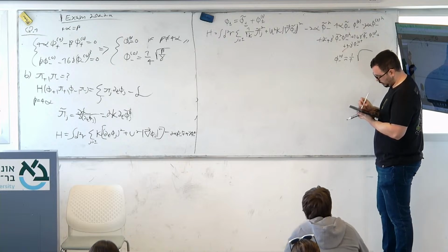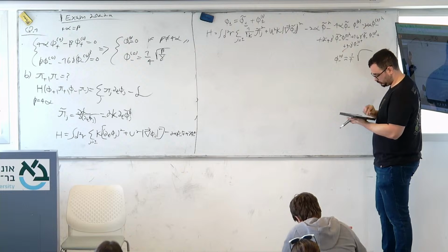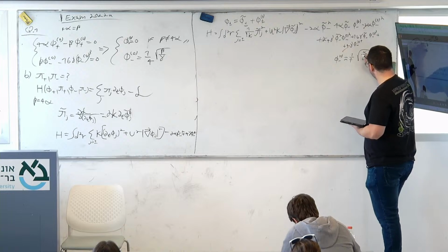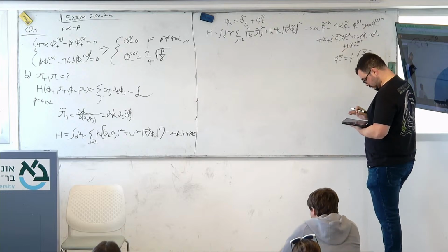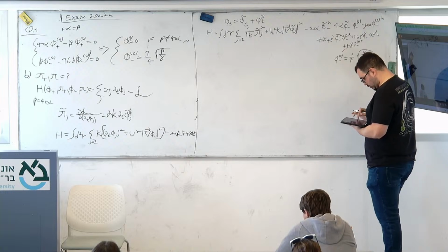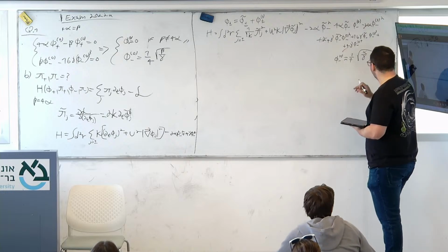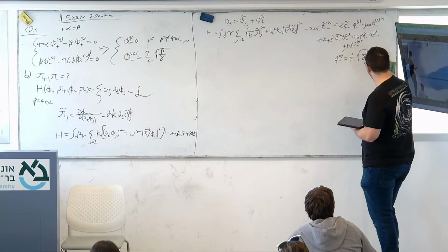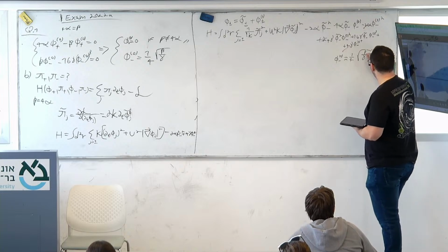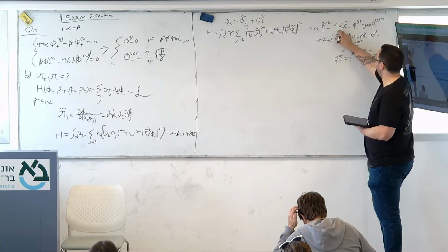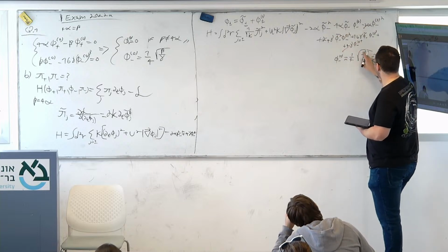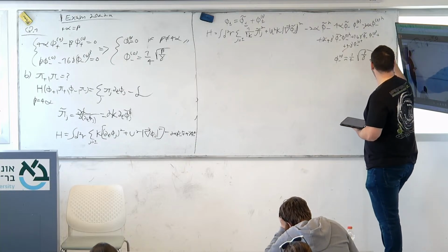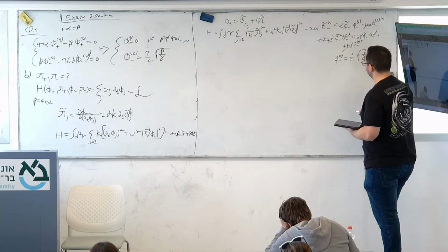So 1 over 4 beta divided by gamma, but I'm working here with alpha. I decided earlier that I work with alpha, so beta is equal to 4 alpha. 2 goes out, so it's 1 over 2 square root of alpha divided by gamma. Alright?